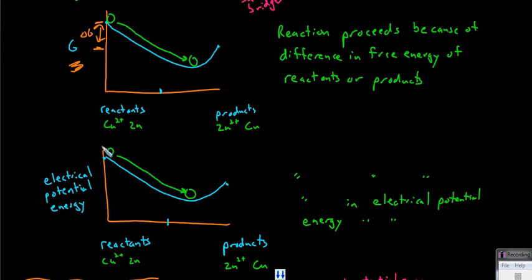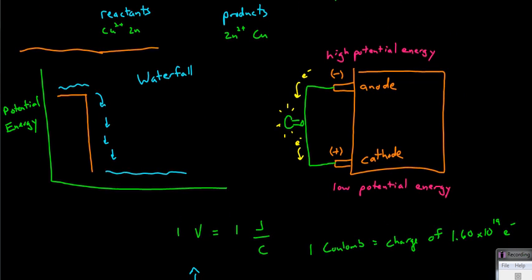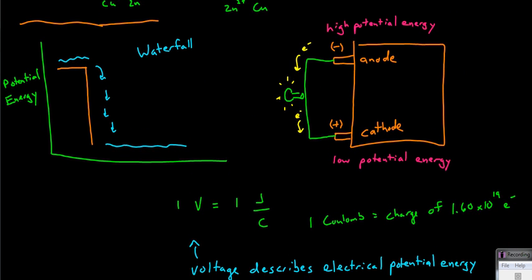And so, again, the reaction proceeds to the right, and there's going to be a release of that potential energy, which is used to drive non-spontaneous processes, such as the light being released from the light bulb. Now, we can describe this electrical potential energy difference between our compounds by the voltage of our cell.